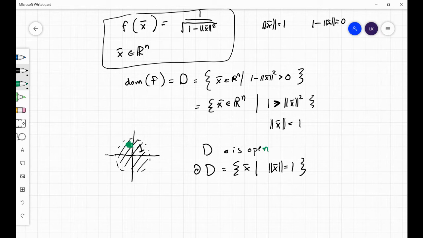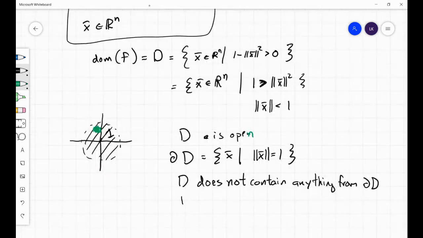But D does not contain its boundary points. So D is not closed.